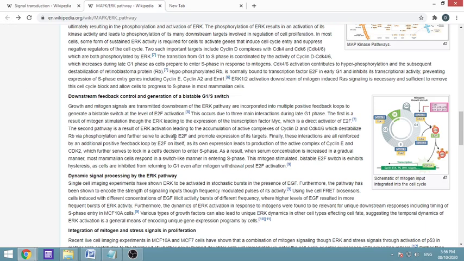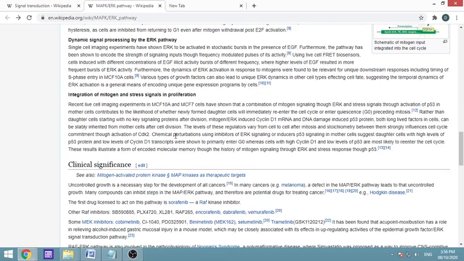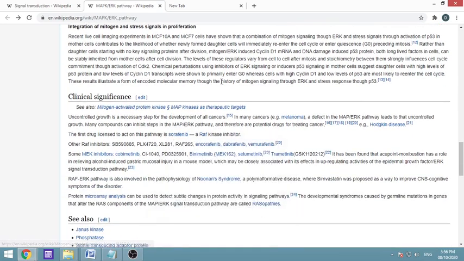This is how they play an important role at various places, particularly in the checkpoints. We know that until and unless the checkpoint allows, the cell cycle cannot go into the next phase. So it plays a very important role in all signal processing and checkpoints, and has important significance in many activities.